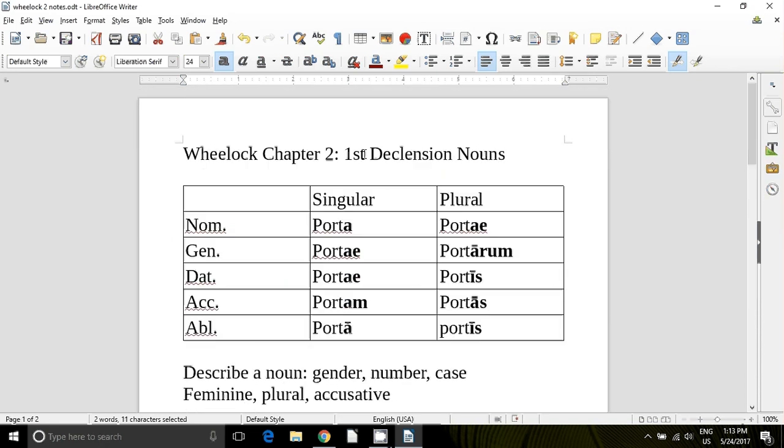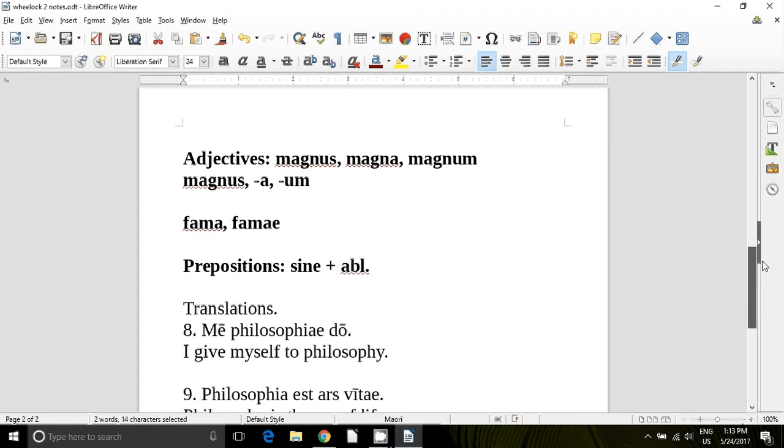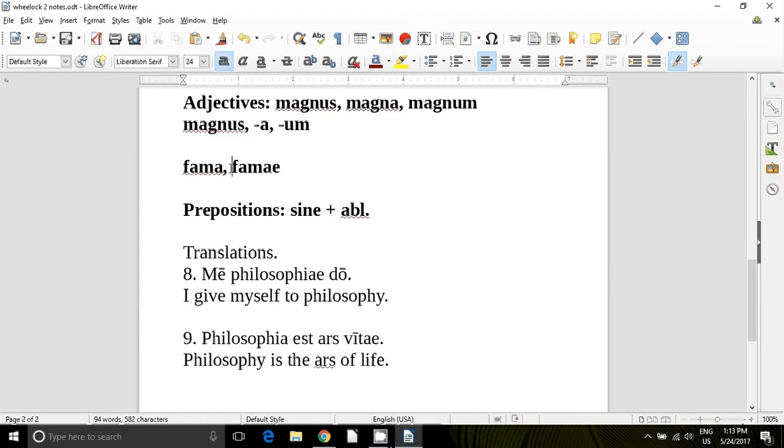So I told you up here, this is our first declension nouns. We're going to have 4 more declensions. We're going to have 5 declensions. So we need to keep them straight right from the get-go. So your vocabulary is not just fama, it's fama, comma, famae. So that shows your nominative singular followed by your genitive singular. And that pattern going from a to ae tells me that's first declension. Okay.